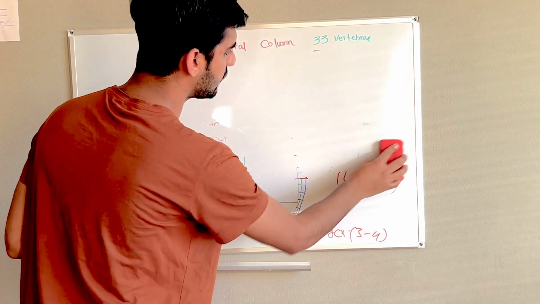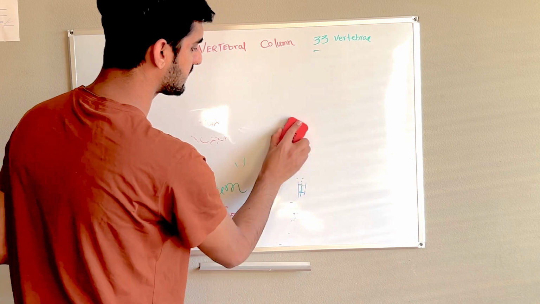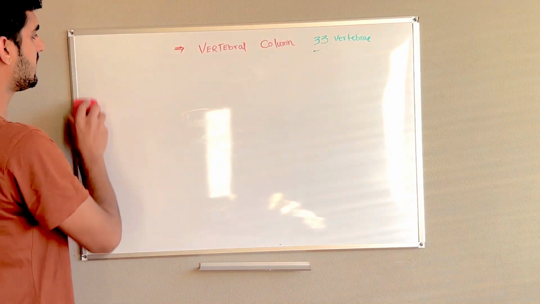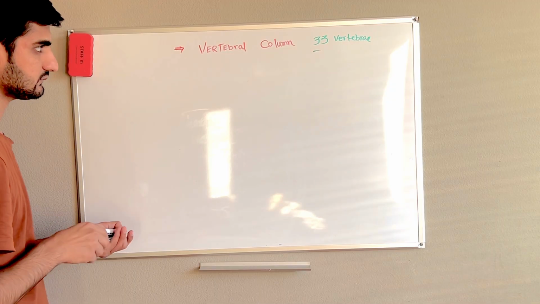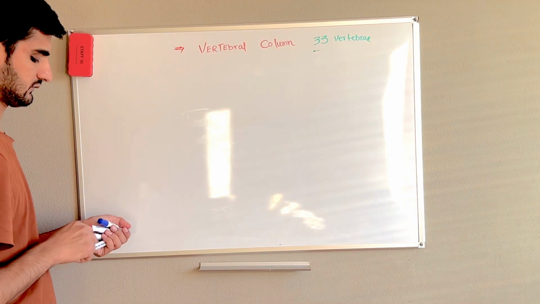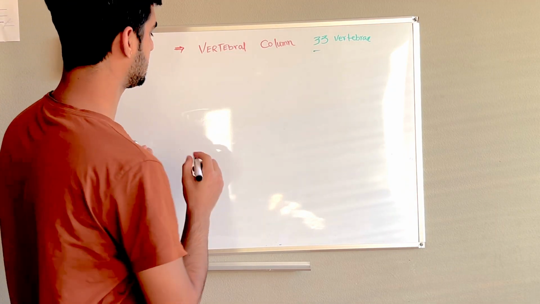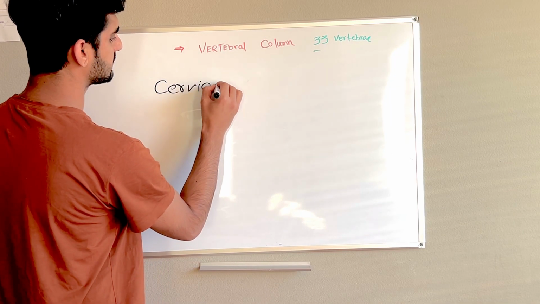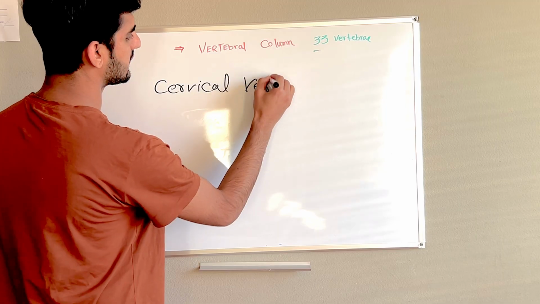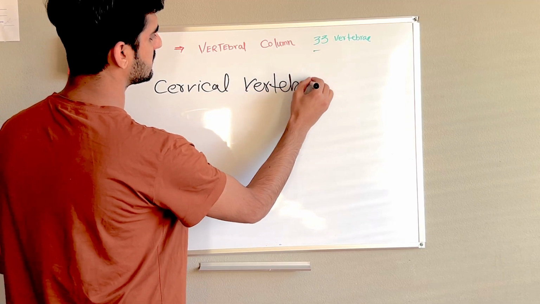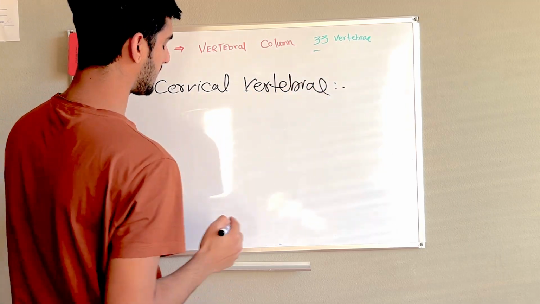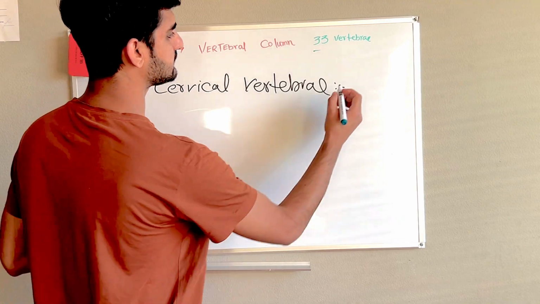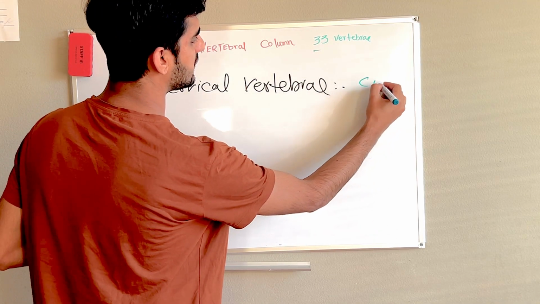Now we'll discuss only the cervical region vertebrae. The cervical vertebrae: we have 7 vertebrae, C1 to C7.